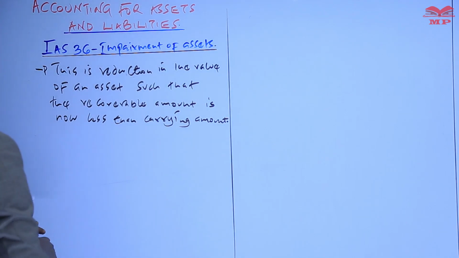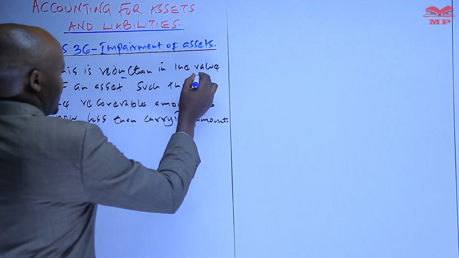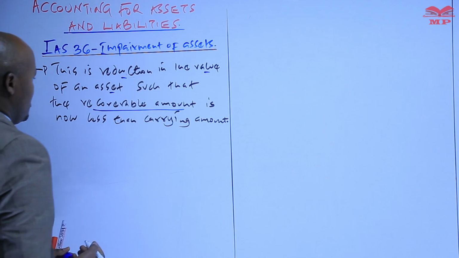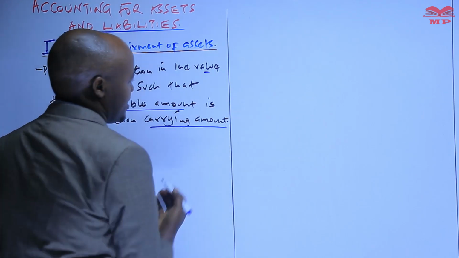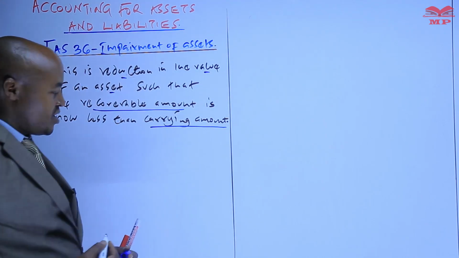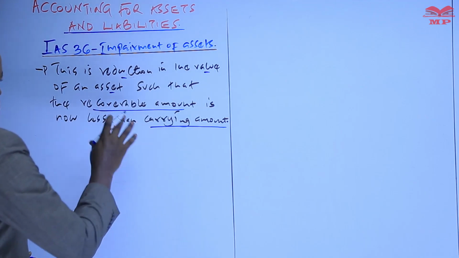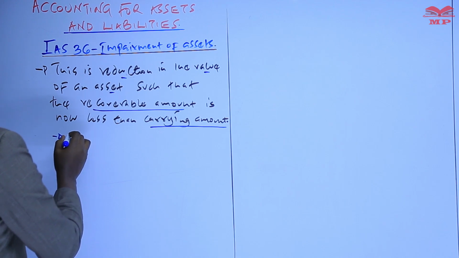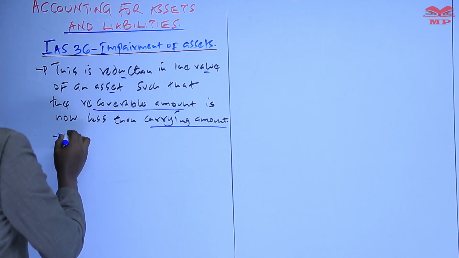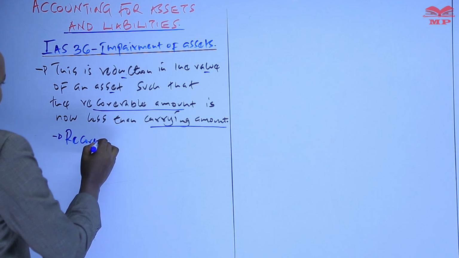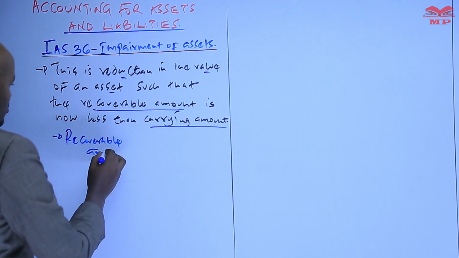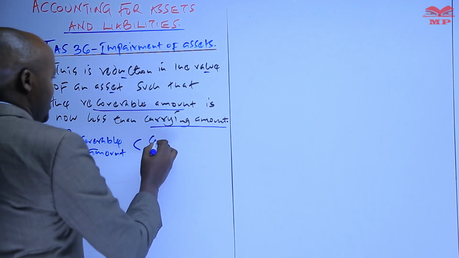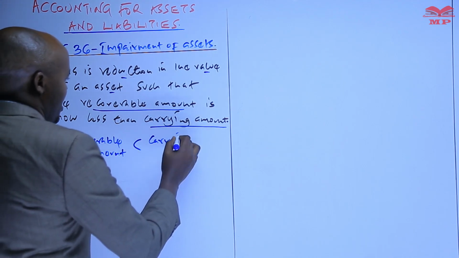So impairment is whereby the value of the asset will reduce such that the recoverable amount will be less than the carrying amount. So generally, what is important for you to know is that an asset will be said to be impaired if the recoverable amount of an asset is less than the carrying amount.